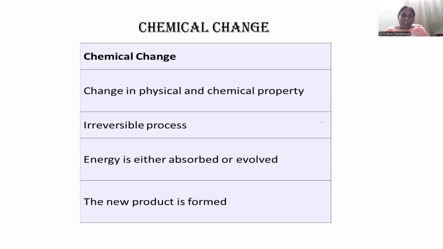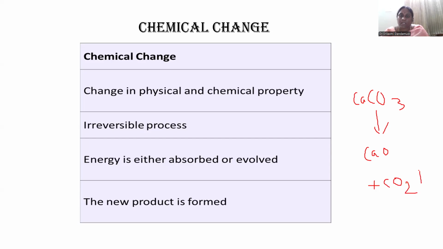A chemical change is nothing but a change in the chemical structure of the compound. It is an irreversible process. If we take, for example, CaCO3, this is a general common example. On chemical reaction, it converts to CaO and carbon dioxide.